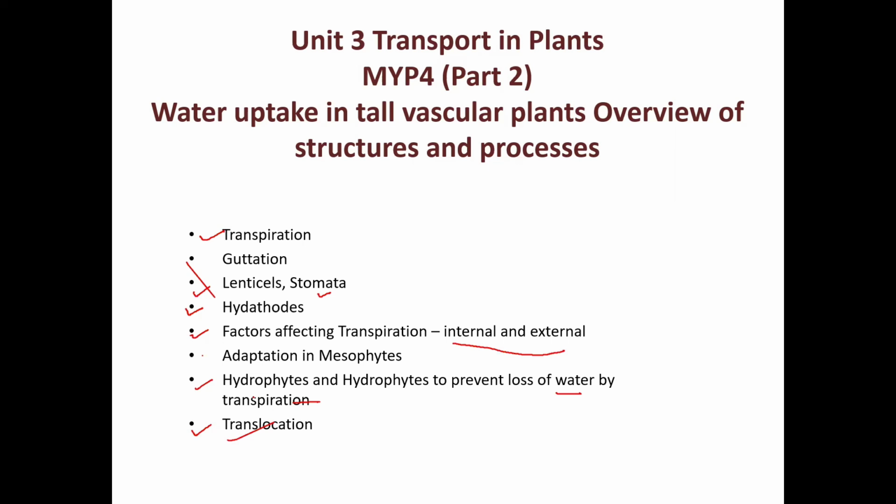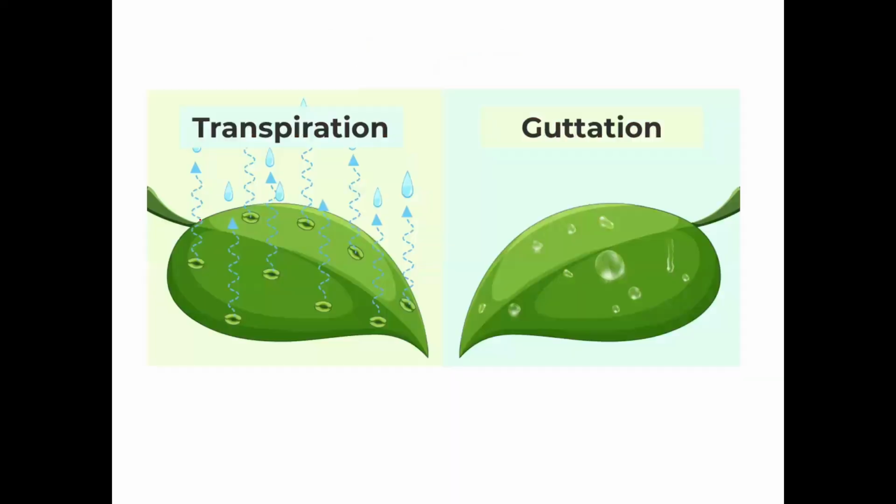As we have already discussed vascular and non-vascular plant types in our previous lecture, let's begin with transpiration. As you look in the picture, this is transpiration and this is guttation.